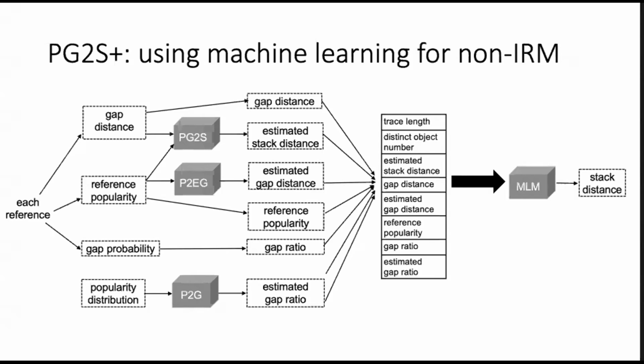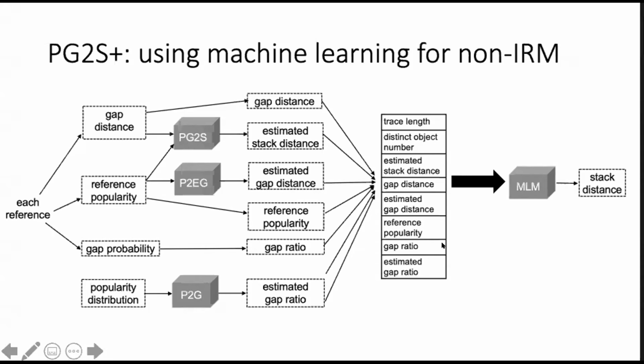So there could be an intrinsic relationship between these discrepancies and the predicted statistics and the real statistics. So we use an ML model to learn and predict the stack distances based on the deltas we learn here.